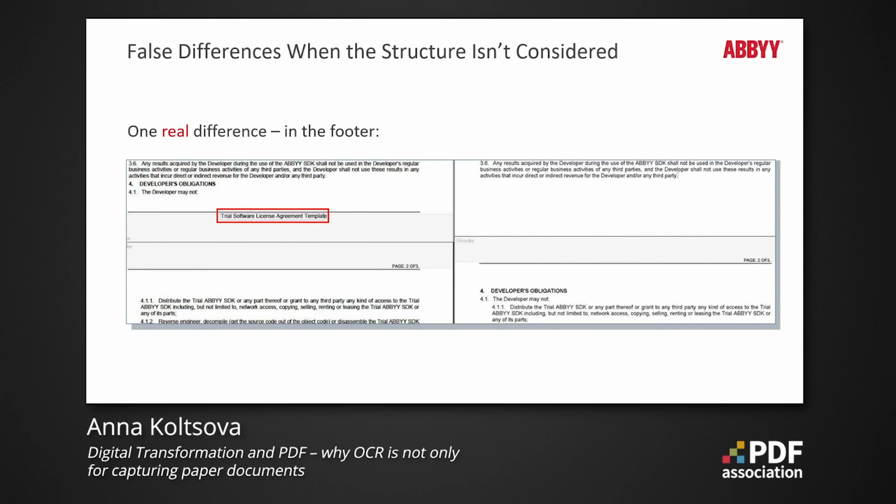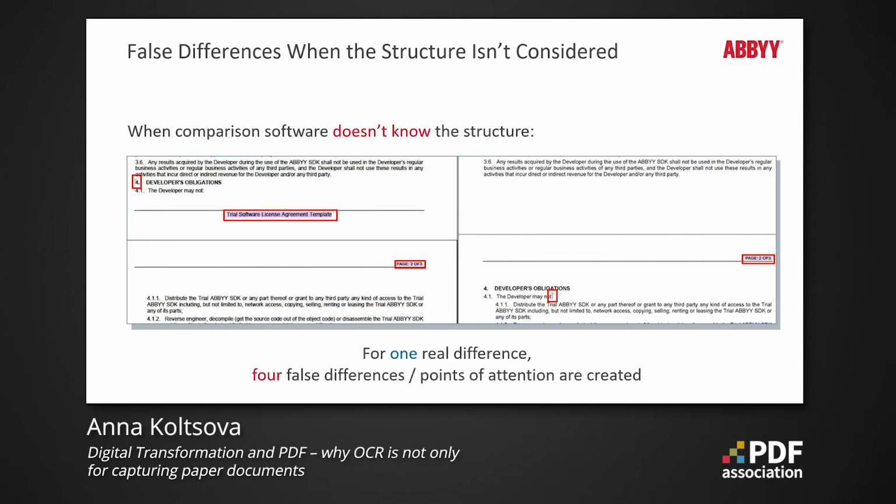Look at the beginning of section 4 in both copies. Here, the same pair of documents, the same place, compared without taking care of the document structure. As you may see, for just one real difference, as many as 4 extra false differences are created.